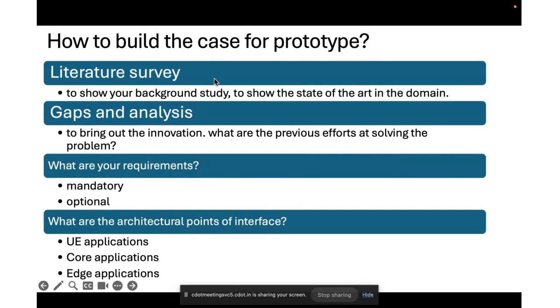Then I also looked at how to build a case for a prototype. I was telling you about literature survey, gap analysis, what your requirements are, splitting them into mandatory and optional requirements, and what the architectural points of interface are, which are mainly UE, core, and edge space.